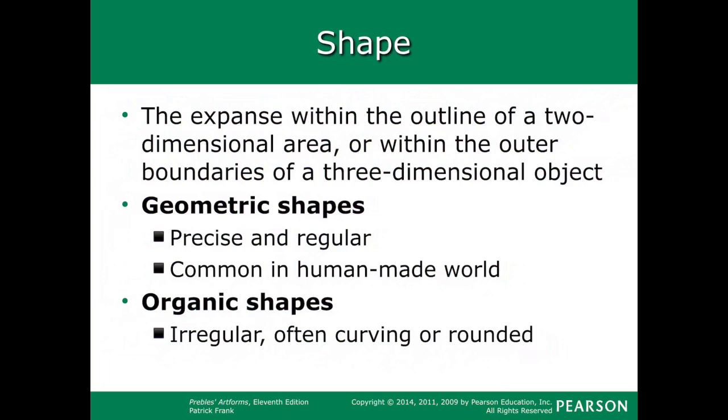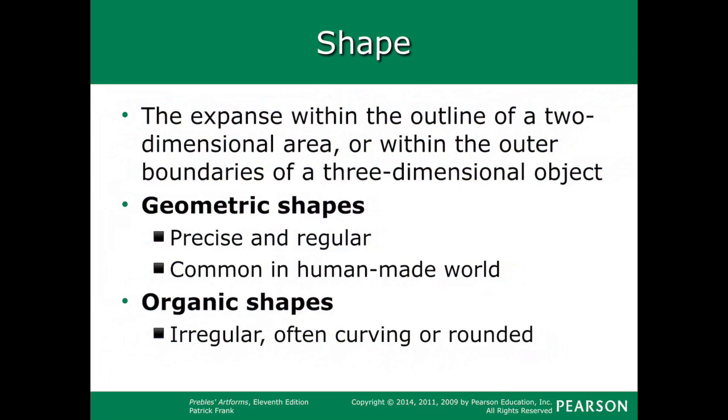It is common to see geometric shapes in the human-made world. So if you see a rectangle or a perfect square or even a triangle, these are shapes that we often see only in the human-made world.